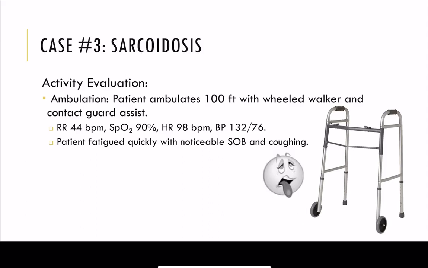So, if you look at this as a whole, she did pretty well. She was mobilizing really independently out of bed. She was able to walk for 100 feet, and that's great, but desatting to 90% with 100 feet of walking is just not a good functional place to be for appropriate abilities concerning your ADLs.